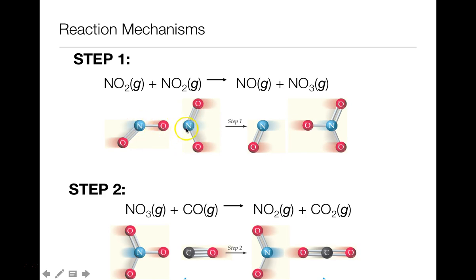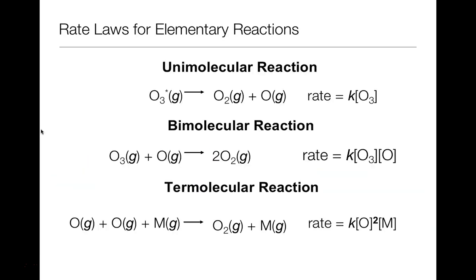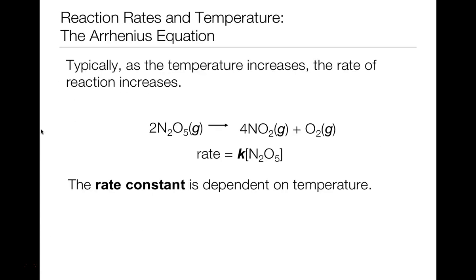If this N collided with that N, so imagine if you had two of these, but the O's are hanging out over here and the N's collide, that's not successful. The two N's will not bond to form this reaction there. In fact, I can guarantee you they will repulse each other, at least under most reaction conditions.